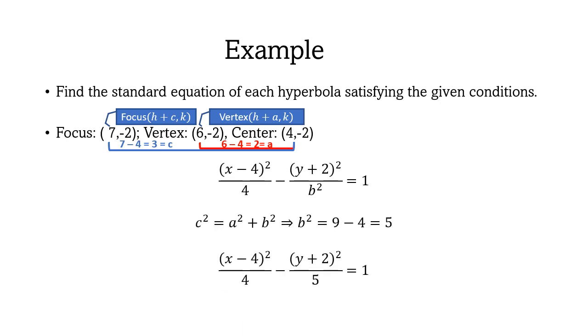Therefore by doing calculation we can find we have the vertex is (6, -2), and we have the center as (4, -2). So keep in mind this is my h and this is my k, and that's how it becomes positive 2.